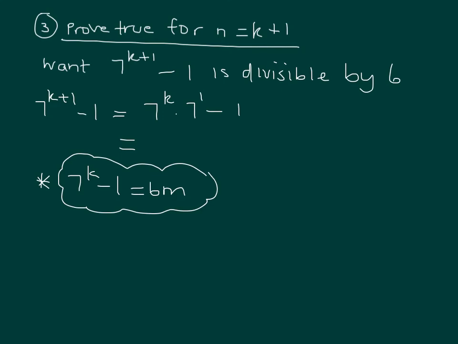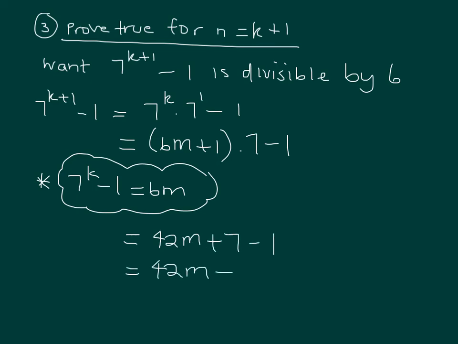So 7 to the k I now replace from this equation here. So 7 to the k, if we rearrange that equation, is 6m plus 1 times by 7 minus 1. So if I expand that bracket out, that's 42m plus 7 minus 1, which is 42m plus 6. Now this is what we need to show is divisible by 6.